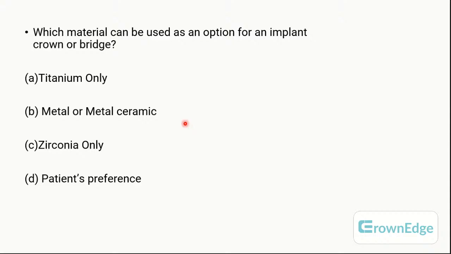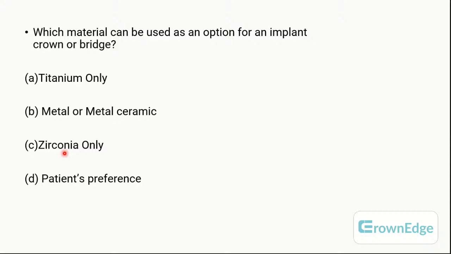If we have titanium or zirconia, both are very hard materials, so they will abrade the opposing dentition, because an implant simulates the same chewing forces as a natural dentition. So if you give titanium or zirconia opposing natural teeth, or even a denture or acrylic teeth, it will definitely chip it off.